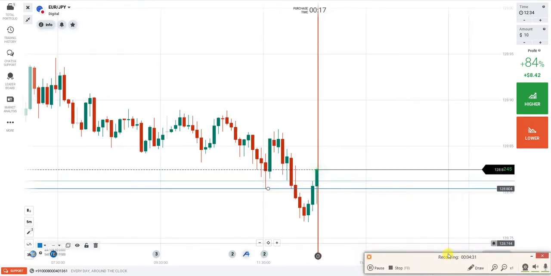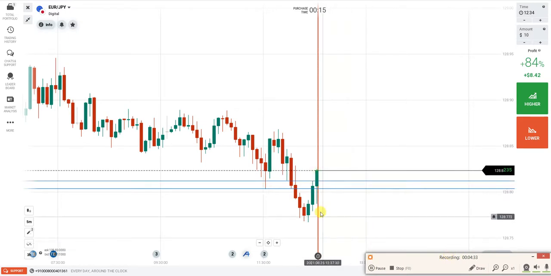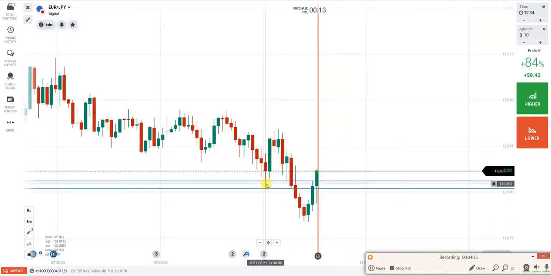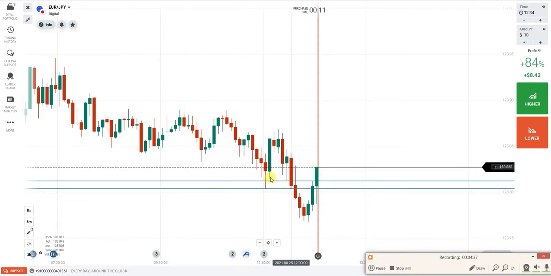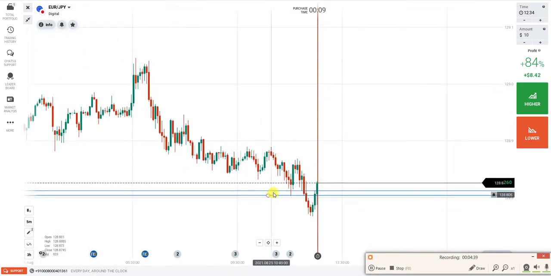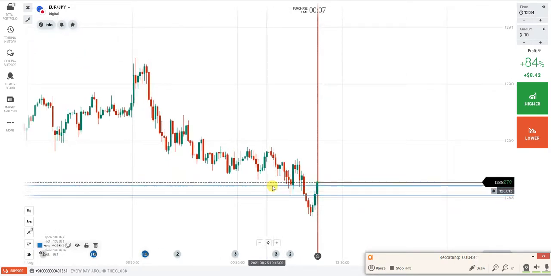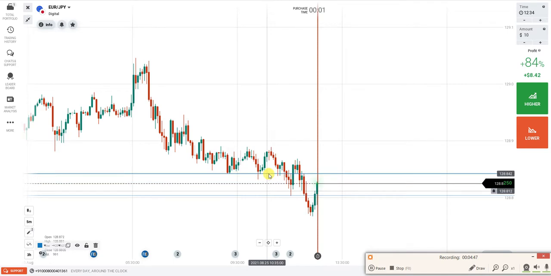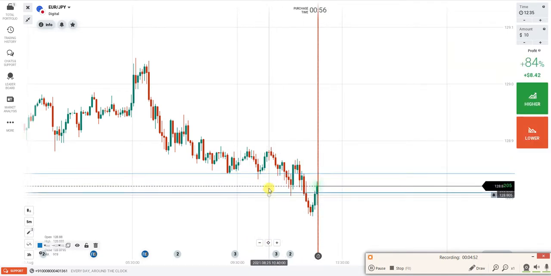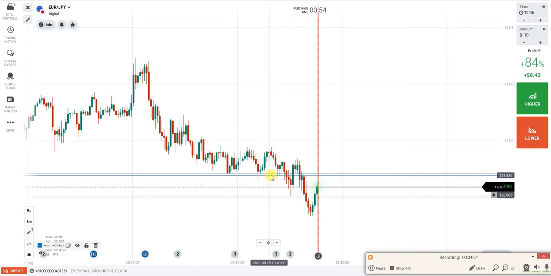I'm a bit confused over here, so let's see where the next seller's entry point is. This was supposed to be the seller's entry, but if it breaks this level, the next entry is here. Exactly, this is the next entry of sellers.